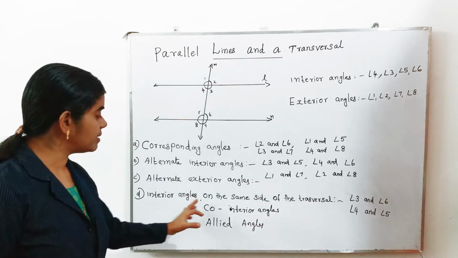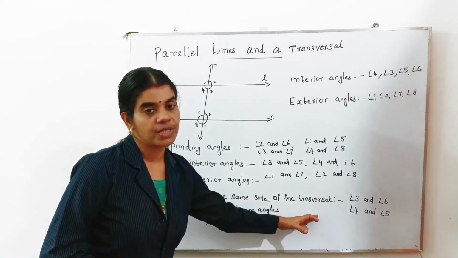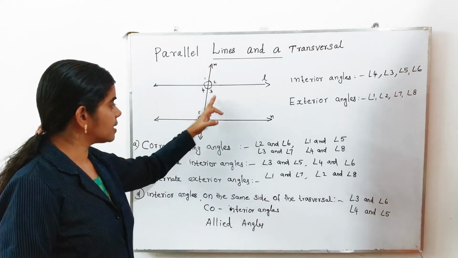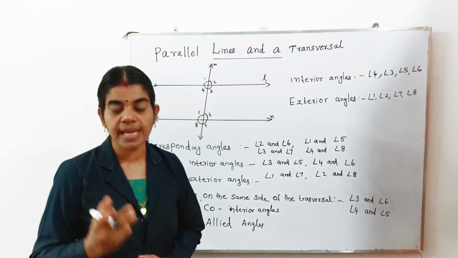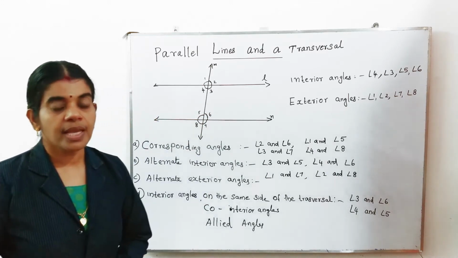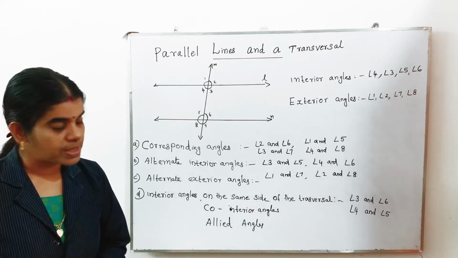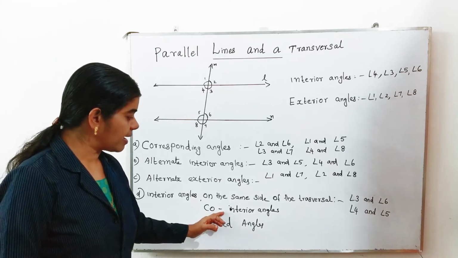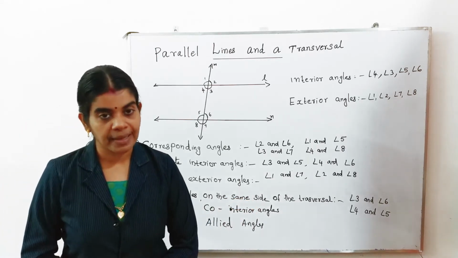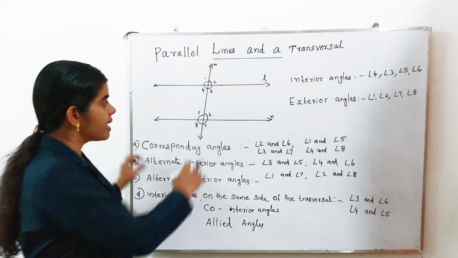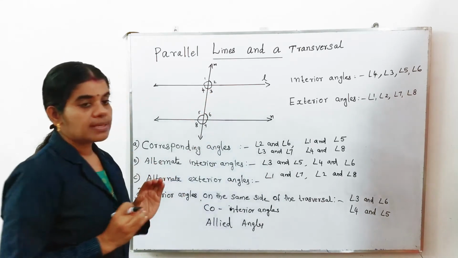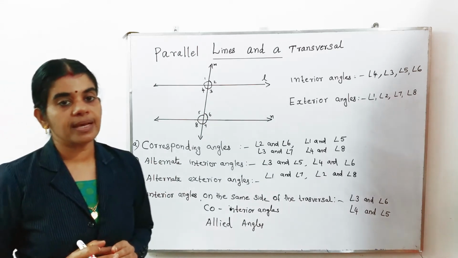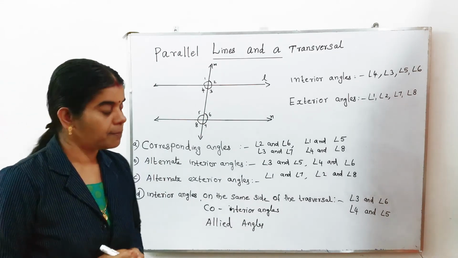Next one will be interior angles on the same side of the transversal. What are they? 3 and 6, 4 and 5 are the angles on the same side of the transversal. If two lines are cut by a transversal, the co-interior angle sum will be 180 degrees. Then what do you want to show? If you get angle 3 plus angle 6 equal to 180 degrees, then we can say the two lines are parallel.